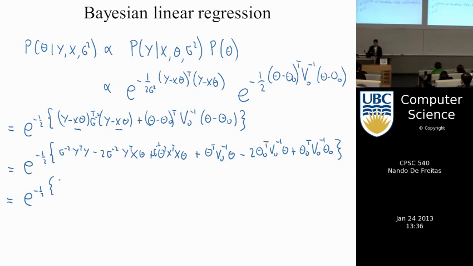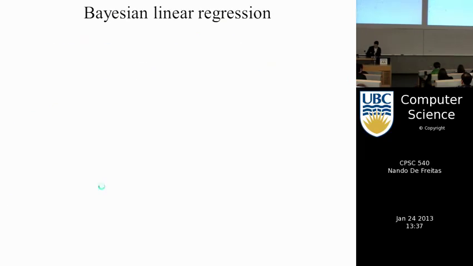For the constant terms, I'm just going to call them const, because I'm working up to proportionality, so in a sense, I don't need to keep track of what the constants are. Minus, and so let's group terms. So now if I group terms, I would have plus. Okay, and here I think it's a good idea to use colors.